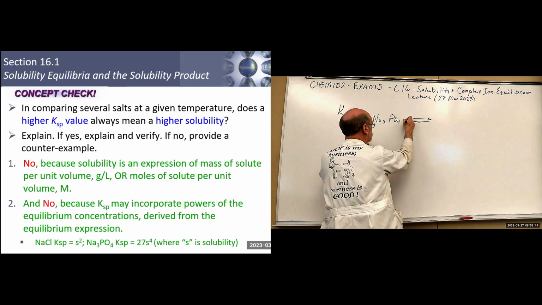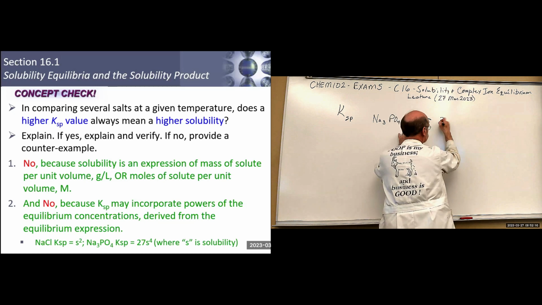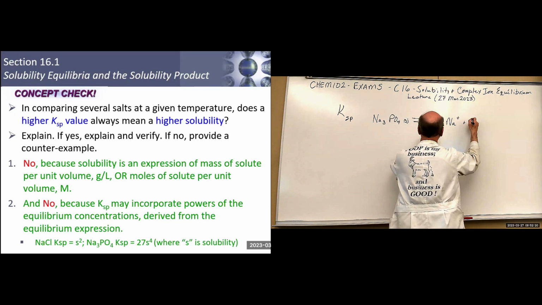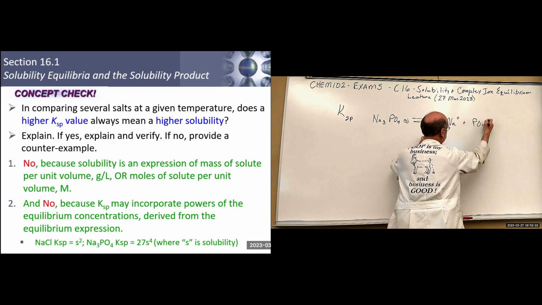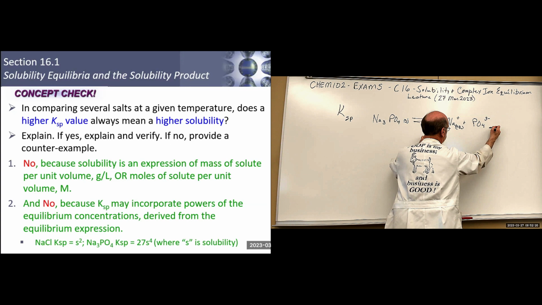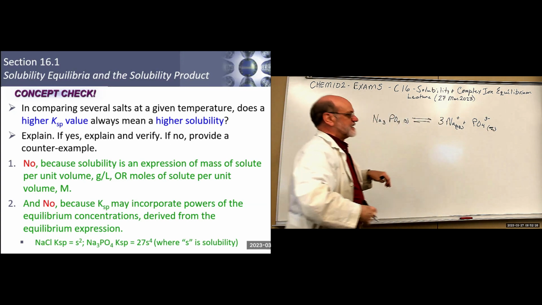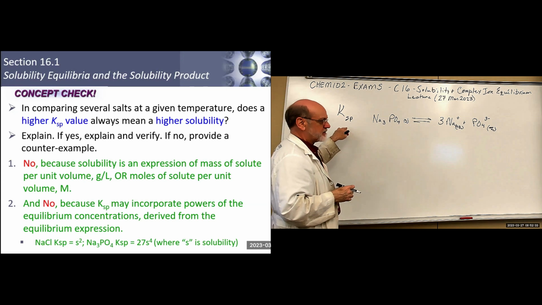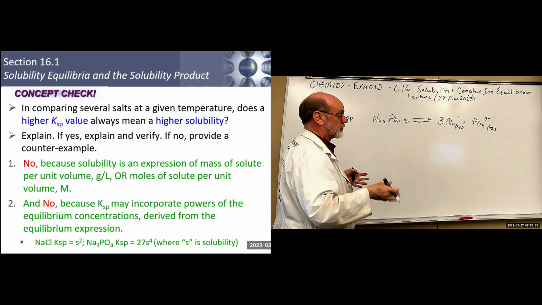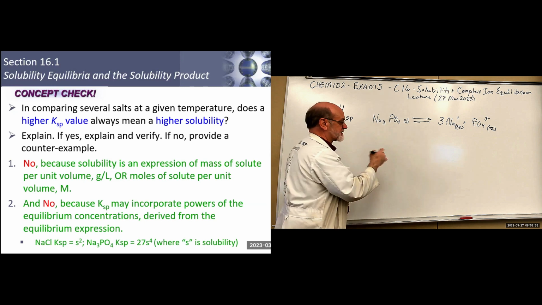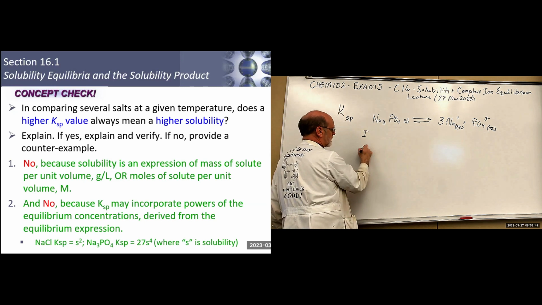This is a solid, of course, and it gives you 3 sodiums and 1 phosphate in aqueous solution. If we're going to calculate the Ksp, we need to have something to work from. So let's set up our ICE table. I think that's the best way to do it.